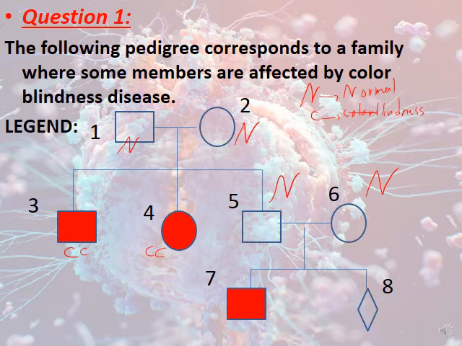And also the 7 should be C small, C small. So 3 and 4, they have CC. So they should inherit C from each of their parents, who should be NC and NC. They should be heterozygous. Also 7 should inherit C from 5 and 6, and they should be heterozygous. 8 is the fetus. We don't know the genotype or the phenotype of this one.